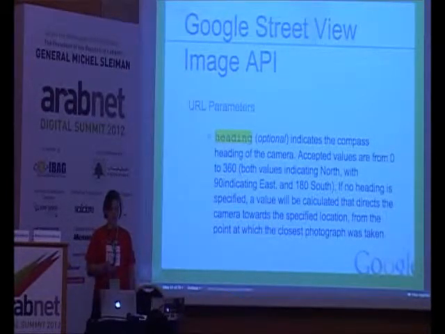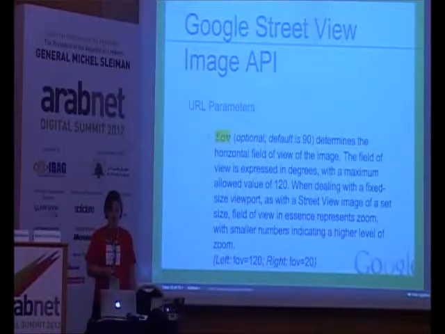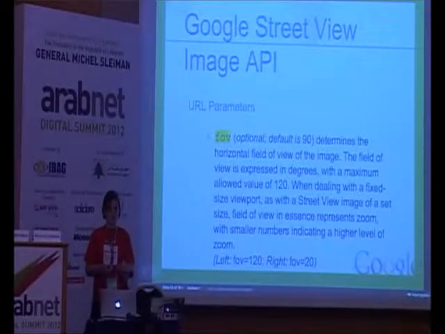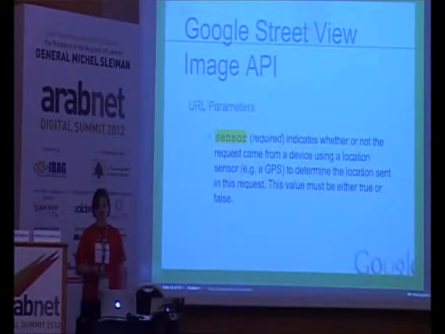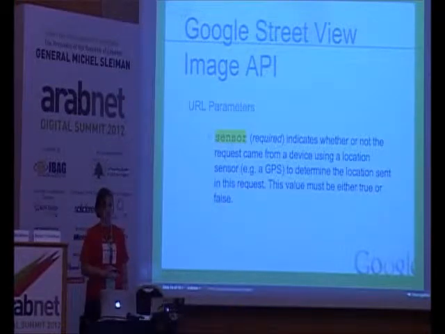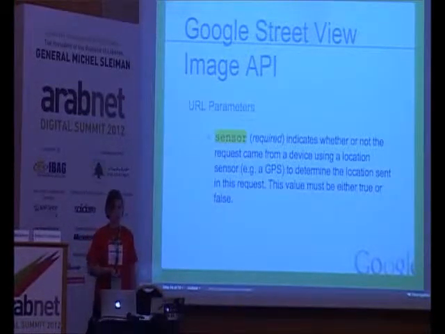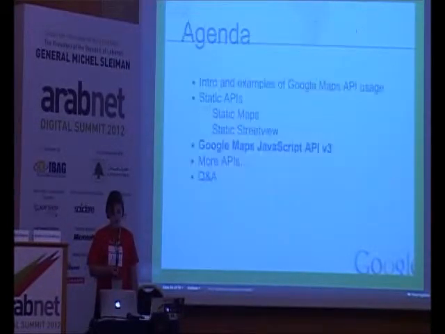For example, you can have the heading, which is the compass direction, and you can have the field of view, which is related to the Street View camera position, and pitch, which is the level of inclination of the camera. And you still need to set the sensor to true or false depending on whether you use a GPS feed or some coordinates feed or not.